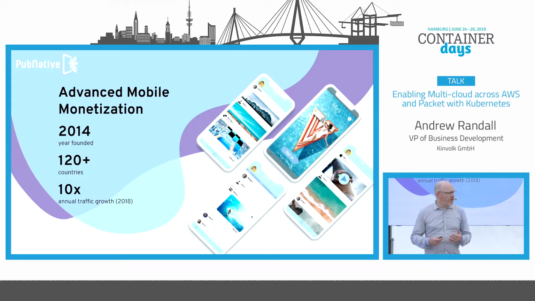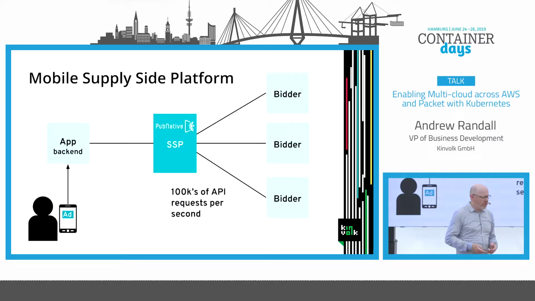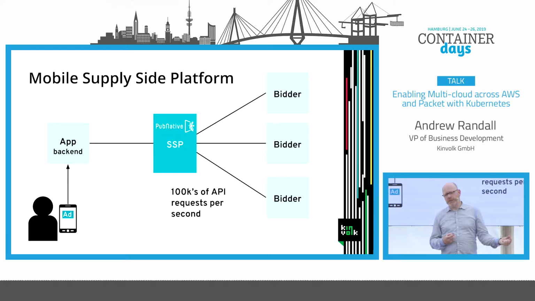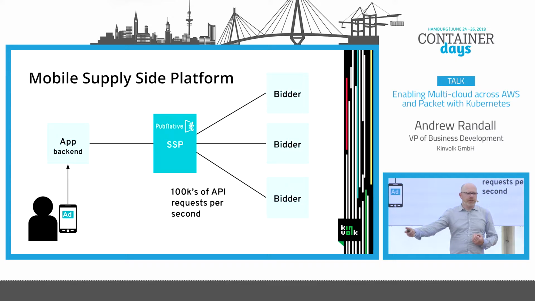And this is kind of the background of PubNative and what they do. And specifically the piece within the advertising ecosystem that they implement is something called the Supply Side Platform. So they interface with app developers who have a space in an application that they can place an ad, and the app developer calls the API.